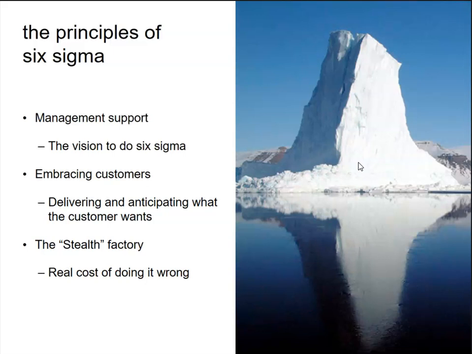If upper management does not provide the means to do what is required in Lean Six Sigma, it's never going to succeed, because it requires breaking down a lot of barriers. It takes a lot of devotion to the cause, and you have to spend some money to do it. So it requires management support from the very top, embracing customers, delivering and anticipating what the customer wants, and then delivering what they call the stealth factory, and really showing what it costs us to do things wrong.